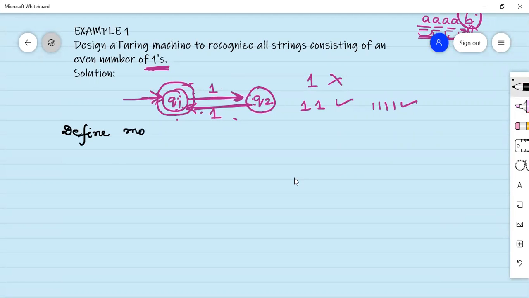What are the various things that I'm going to do when I design the Turing machine? Let us use this diagram itself, which we have drawn over here, as a reference. The first thing we did there is selecting Q1 as the initial state, or starting state.